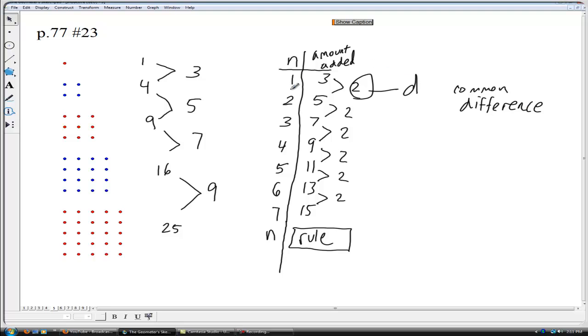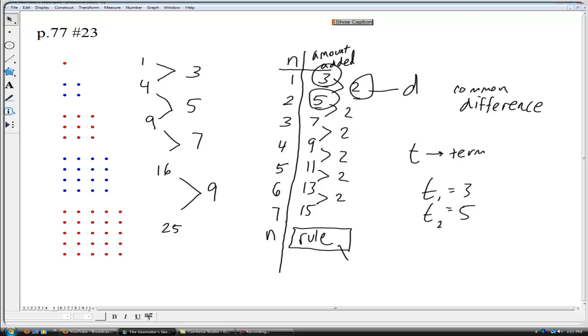n is, which term am I looking at? My first term, my second term, my third term, my fourth term. And when I use the letter T, this is referring to a term. So T sub 1 is 3. T sub 2 is 5.